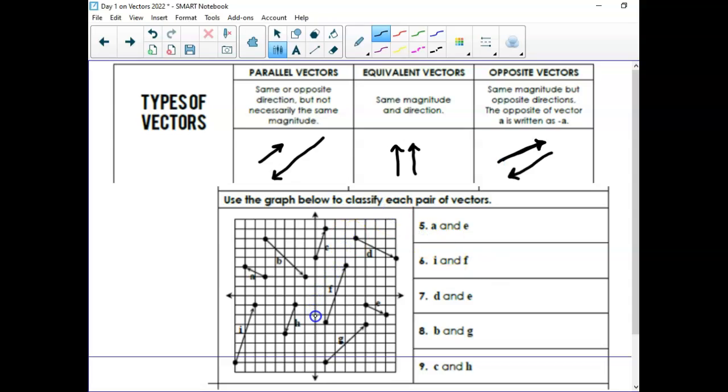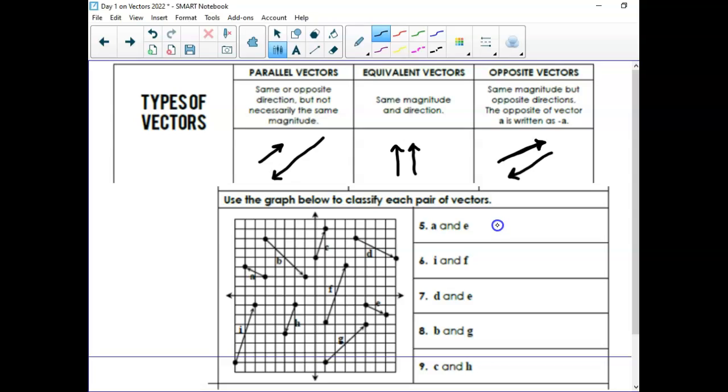On this picture, they just want us to pick one of those words. A is going 2 to the left and up 1, and E is going down 1 and 2 to the right. What do you think there? Are they also parallel, guys?